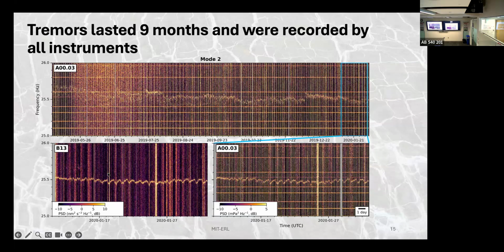This shows that the frequency variation is exactly the same between the hydrophones and the geophones, which are completely independent. They are not powered by the same power system or recorded by the same data logger. The same signal also showed up on all the geophone instruments, which are all independent, which suggests that it's not due to an instrument issue.